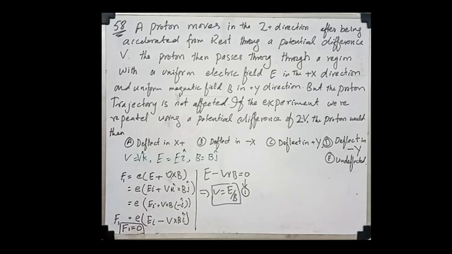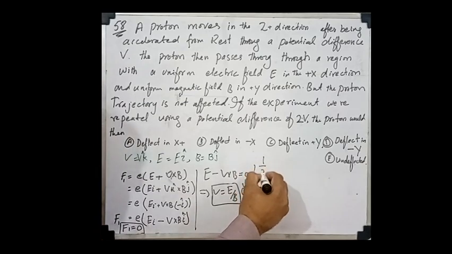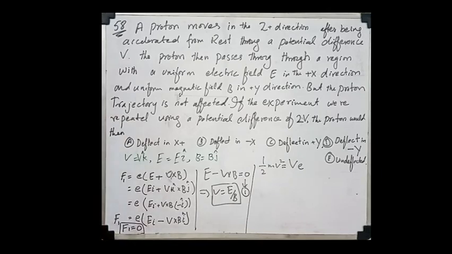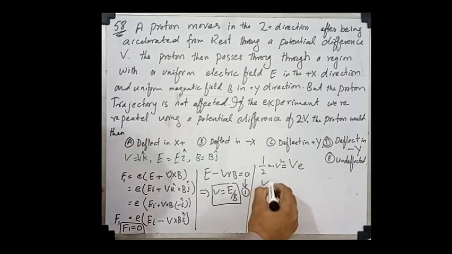This is our equation number 1. Now the second case: we are given that the accelerating potential difference is increased to its double. The kinetic energy, one half m v squared, is equal to V e. So if you find the velocity, v is equal to the square root of 2 times potential difference times charge divided by m. This is our v1.